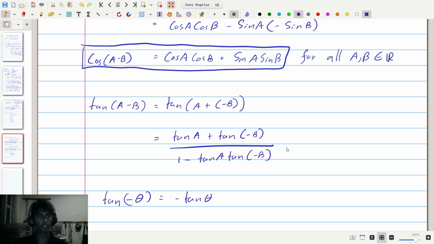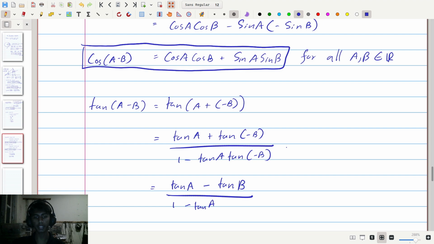So now substituting this, the fact that tan of a negative angle is equal to negative the tan of that angle, which means that tan of a is tan of a, and then tan of negative b is negative tan of b, so minus tan of b, divided by 1 and then minus tan of a, and we have tan of negative b, which is negative tan of b.